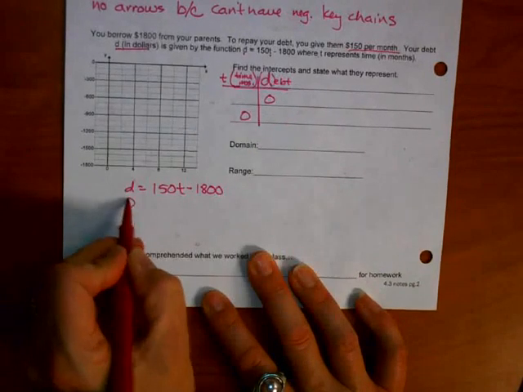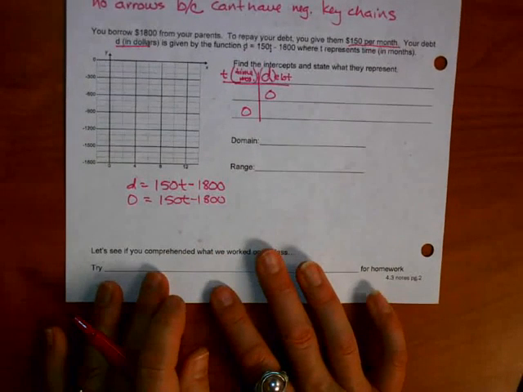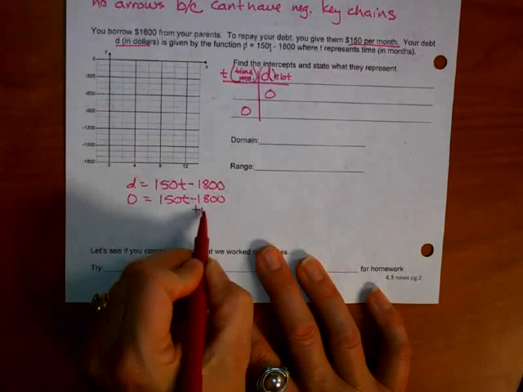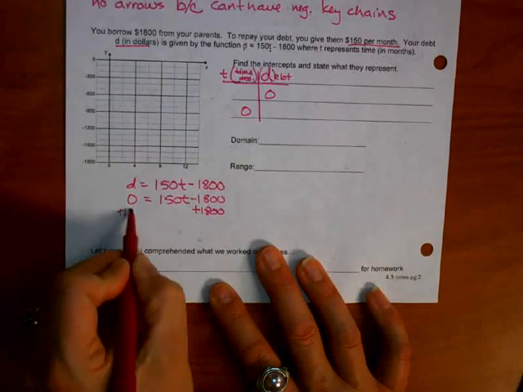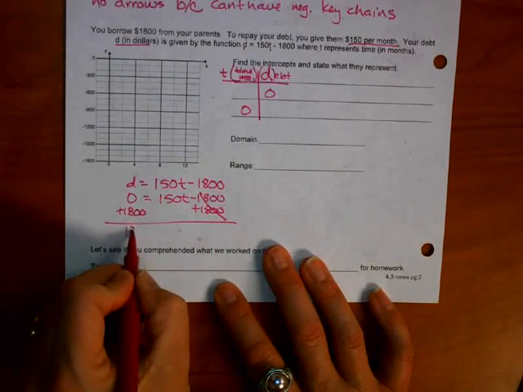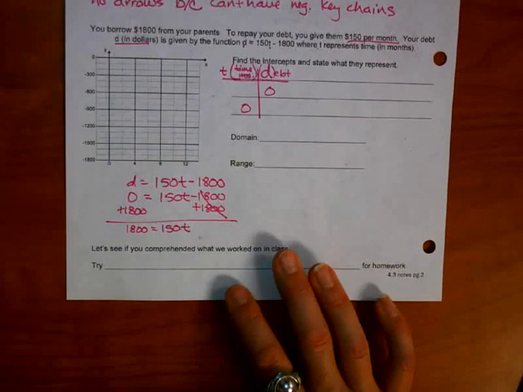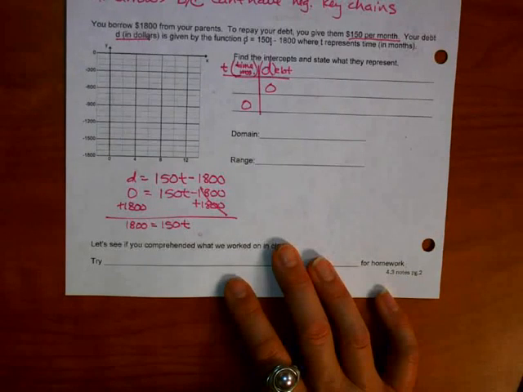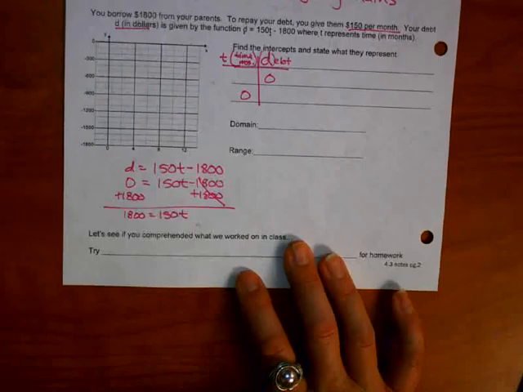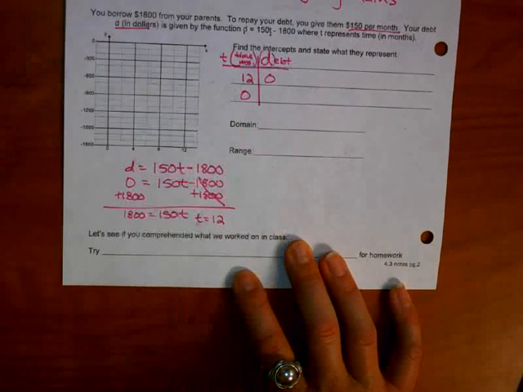So I'm going to replace D with 0 and solve for T. Add 1,800. 1,800 equals 150T. Now what? Divide by 150, and you're going to get T equals 12. So you're going to put that right up here.